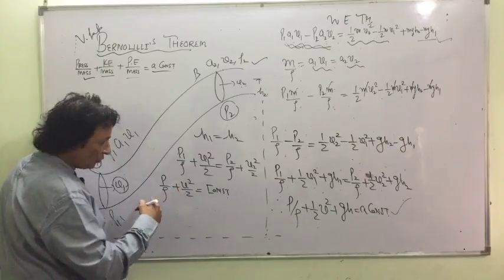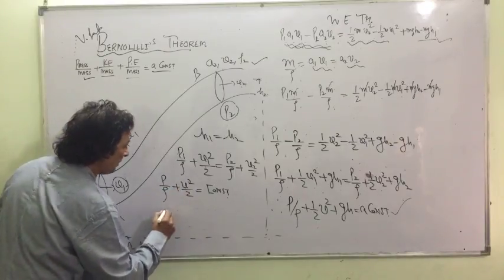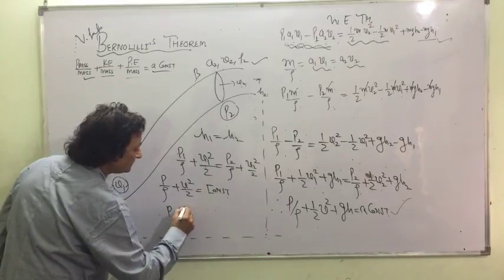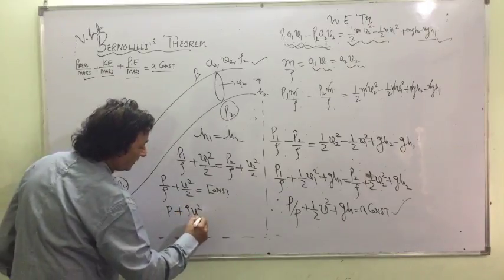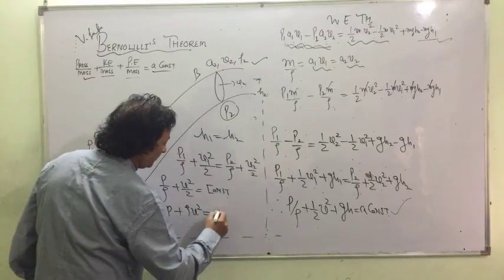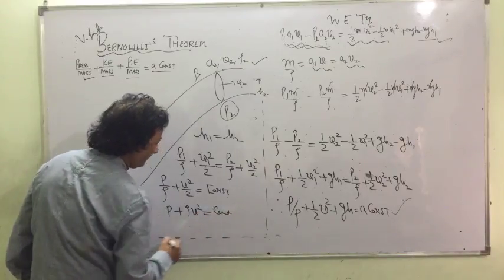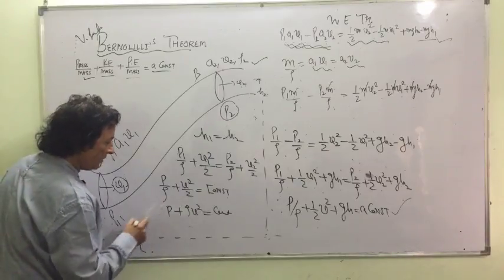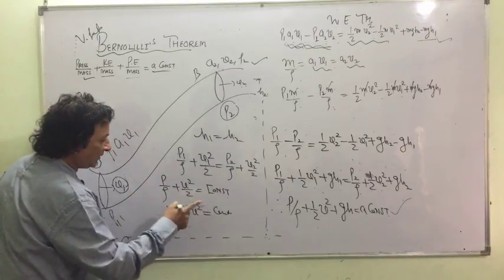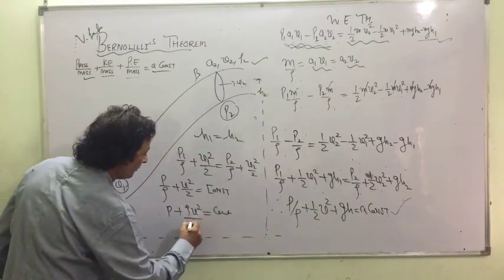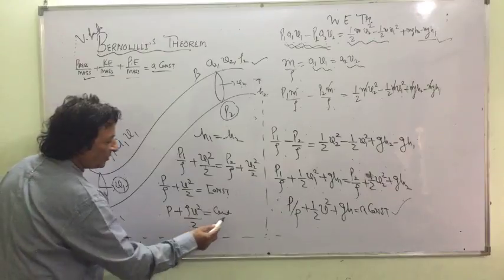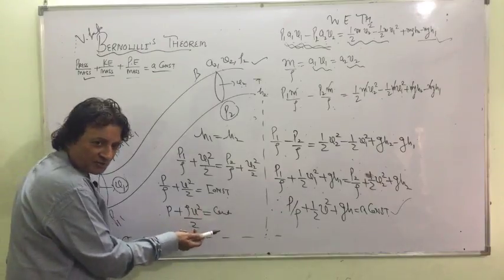Multiplying throughout by rho, P plus half rho V square equals a constant. Okay or not? What did we do? We multiplied throughout by rho. So what you get? P plus half rho V square is constant, because density is constant.